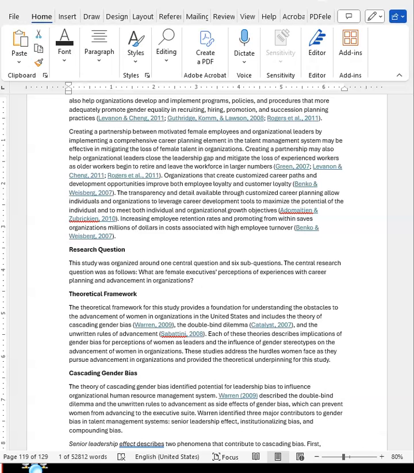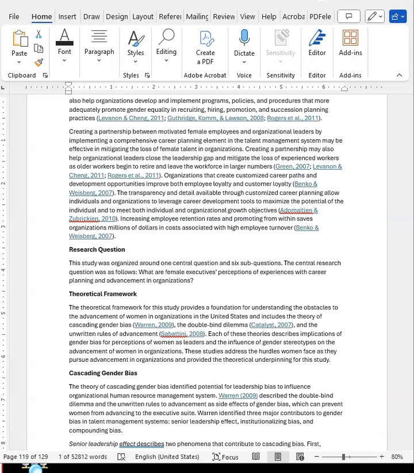Green, 2007. Levanon and Chung, 2011. Rogers et al., 2011. Organizations that create customized career paths and development opportunities improve both employee loyalty and customer loyalty. Benko and Weisberg, 2007.